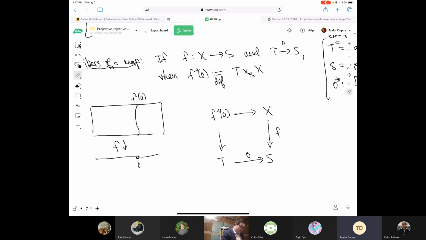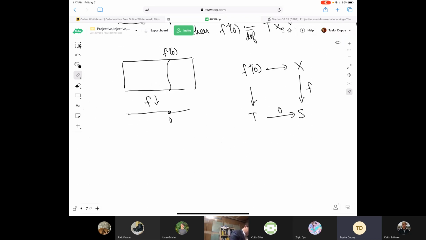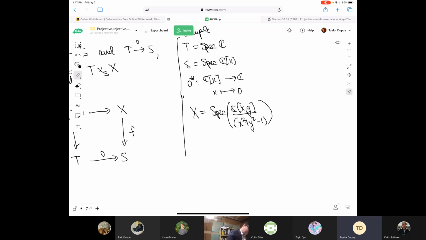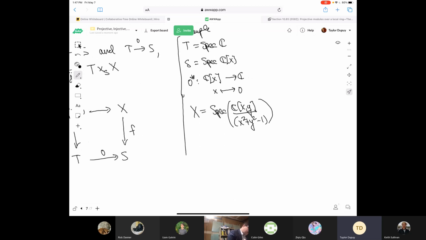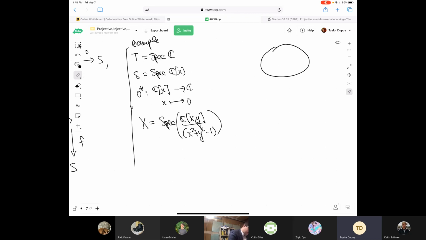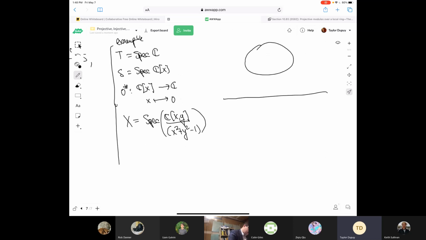Okay, so let's take a really concrete example. Let's go back over here. Let's take X to be a circle. We need the map f, mapping to the line here, so f sharp.